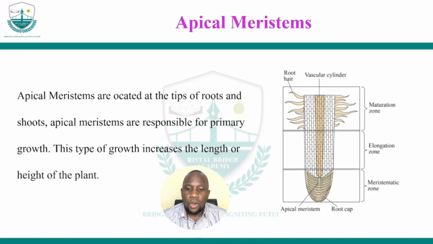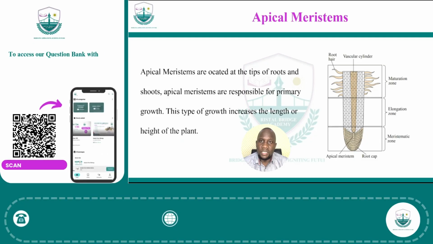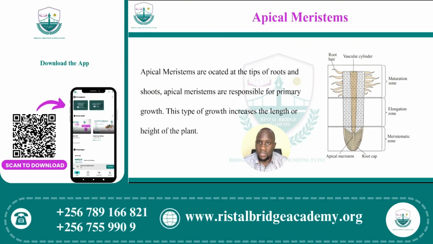So apical meristems, how do they look? Now, they are actually similar. The apical meristem in the shoots and the apical meristem in the tip of the roots are similar.